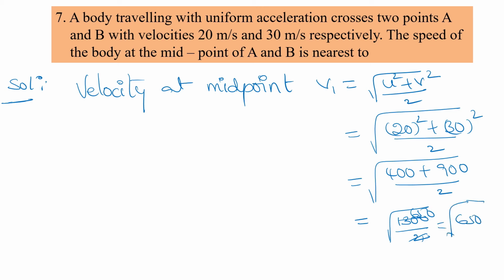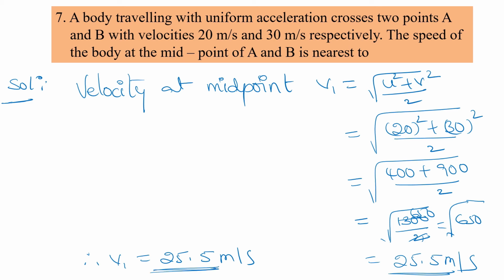So root 650 is 25.5 meters per second. Therefore velocity at midpoint V1 is equal to 25.5 meters per second. Okay. Next we will go to the next question.